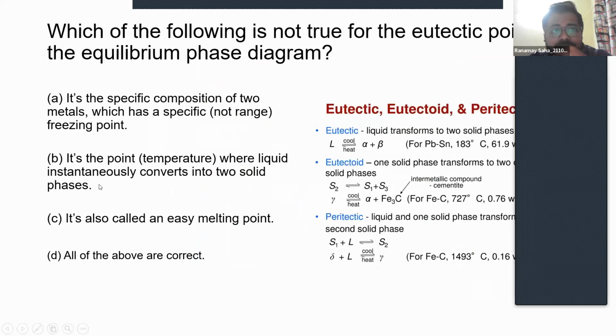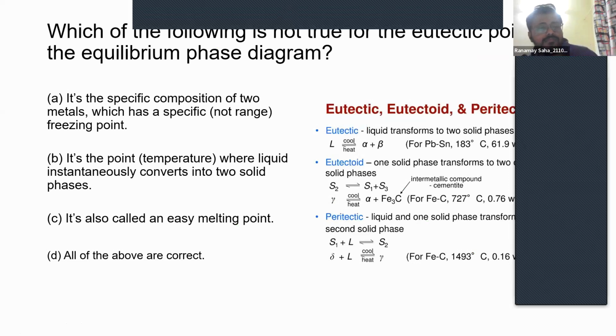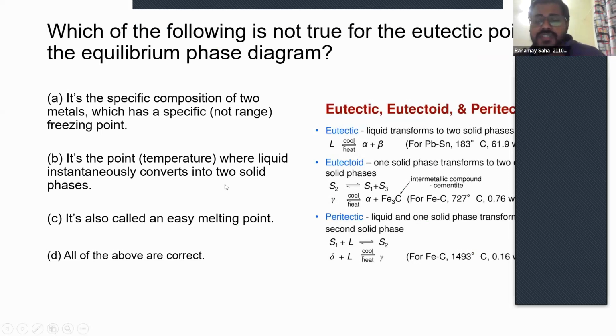Okay, so this is a question. It is saying which of the following is not true for the eutectic point in the equilibrium phase diagram? Somebody answer. Do you know which one is the eutectic point?